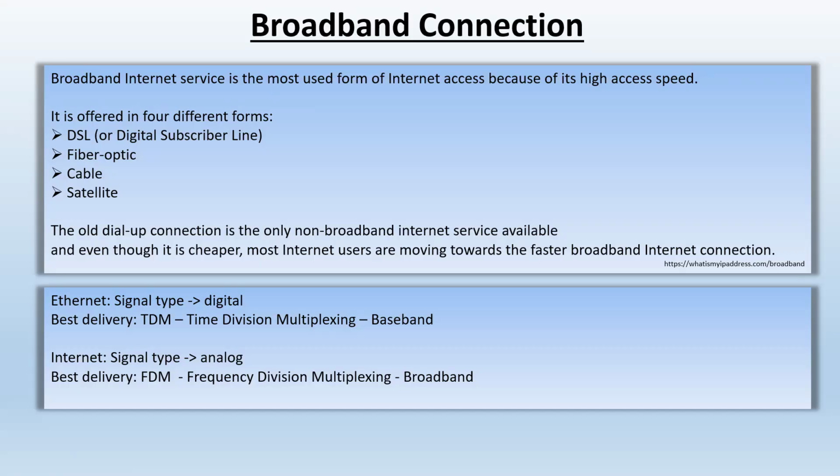Just as a reminder, there is the signal that is brought to you from the outside towards your house, for example, or to any kind of building, to the demarcation point of the building. Now, what is the first thing that it meets? It meets the modem. Modem stands for combination of two words, modulation and demodulation.